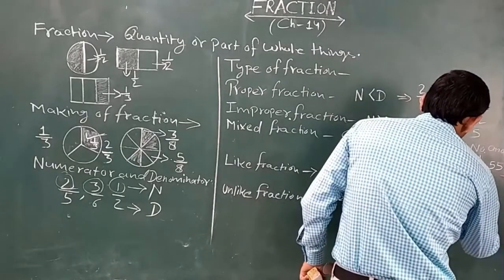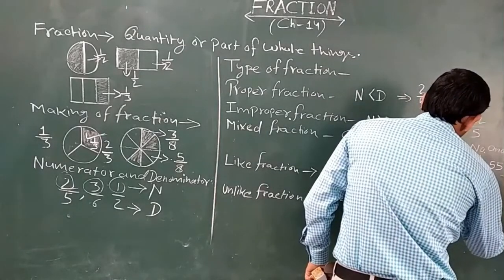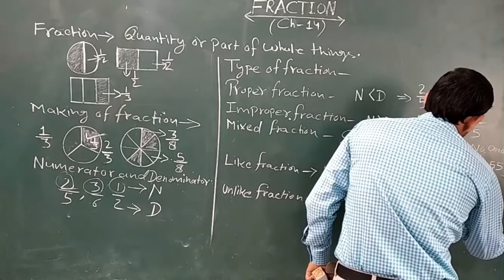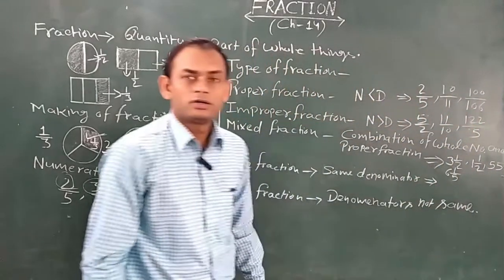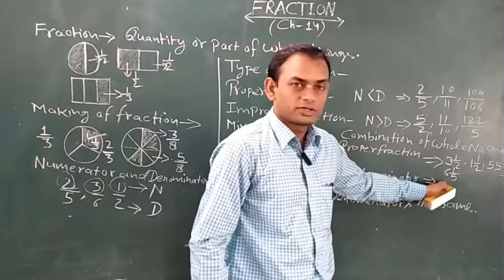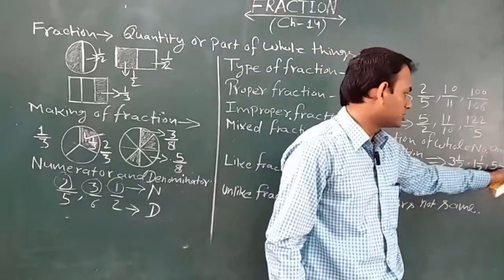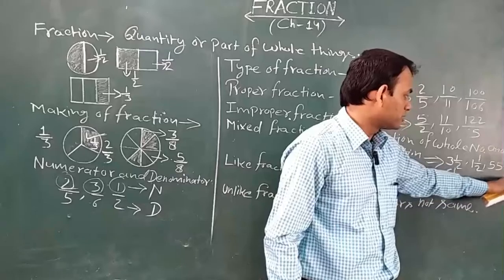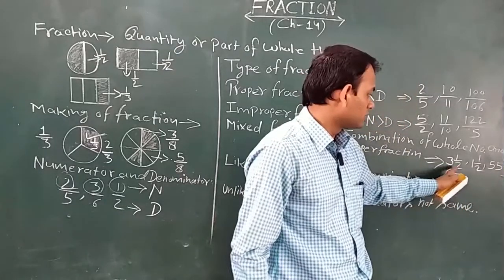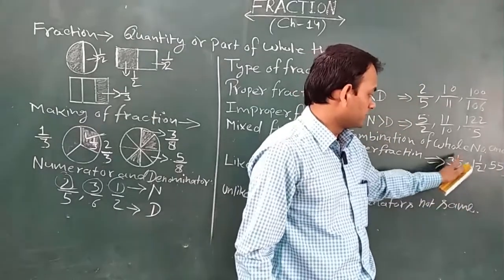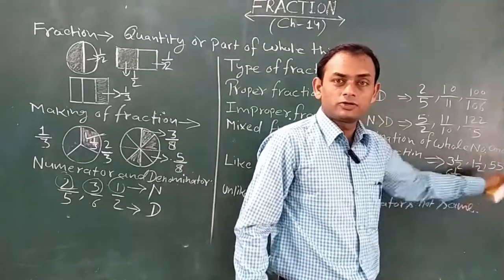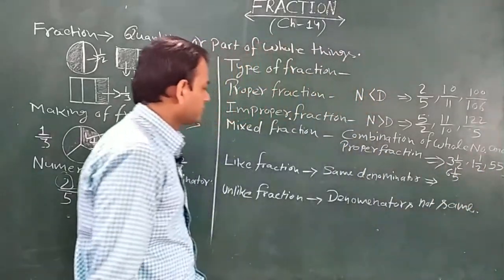One more, 6 whole 1 by 5. This is also a mixed fraction. These all are called mixed fractions: 55 whole 3 upon 5, 6 whole 1 by 5, 3 whole 1 by 2, 1 whole 1 by 2. These are all mixed fraction examples.